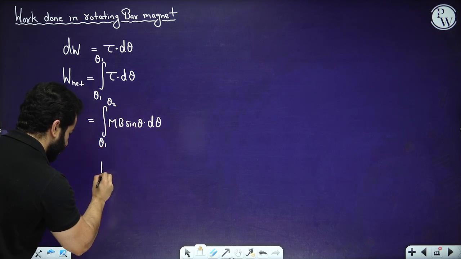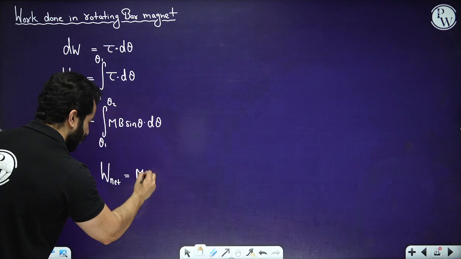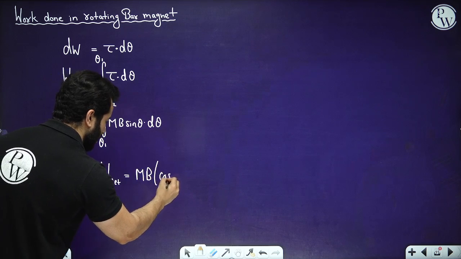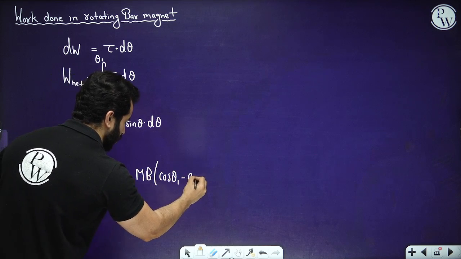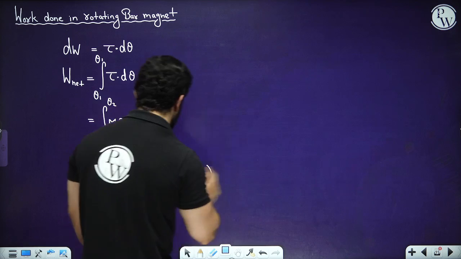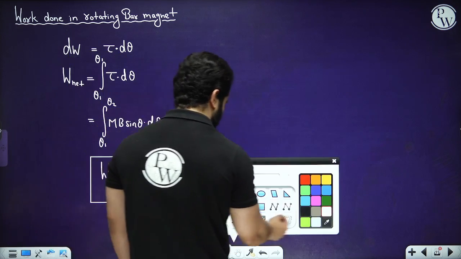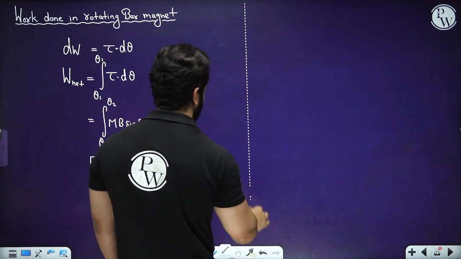So the net work done is going to be mB cos theta 1 minus mB cos theta 2. This work done will be stored in the form of potential energy of the dipole, so this is going to be the formula for potential energy as well.